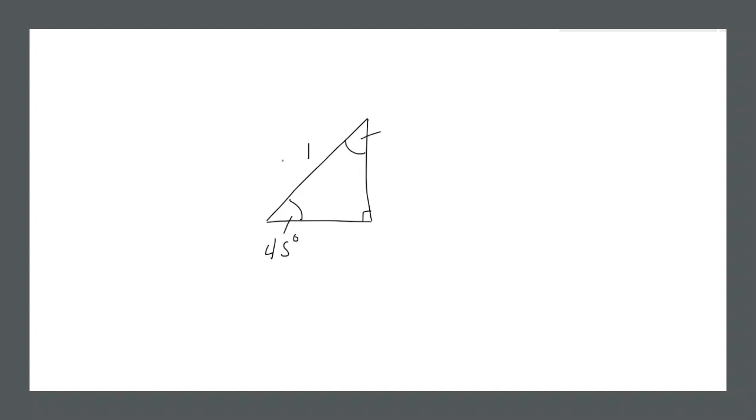This angle here also has to be 45 degrees because all the angles of a triangle add up to 180. If we do 180 minus 90, which is the 90 right here, minus 45, which is the 45 right here, we get 45. So the top angle there is also 45 degrees.